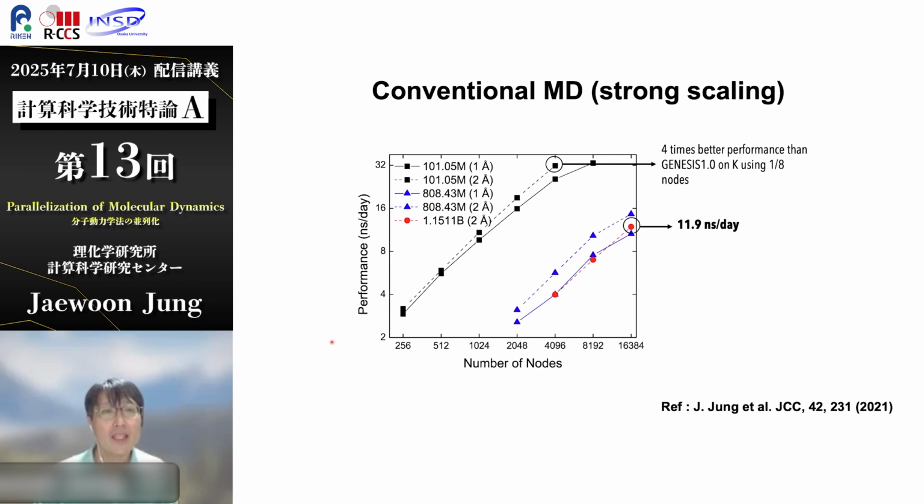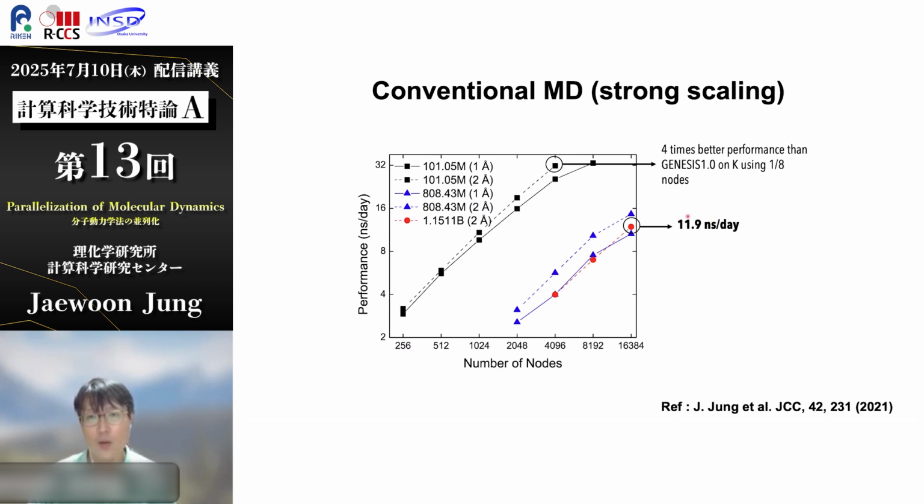Anyway, using this way of parallelization on Fugaku, we could obtain a good parallelization scheme, good parallel efficiency. For this 100 million atom system, using 4,000 nodes, we obtain 4 times better performance than Genesis on K, using just 1/8 the number of nodes.